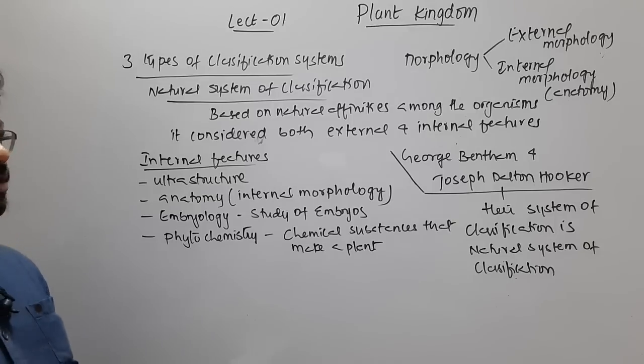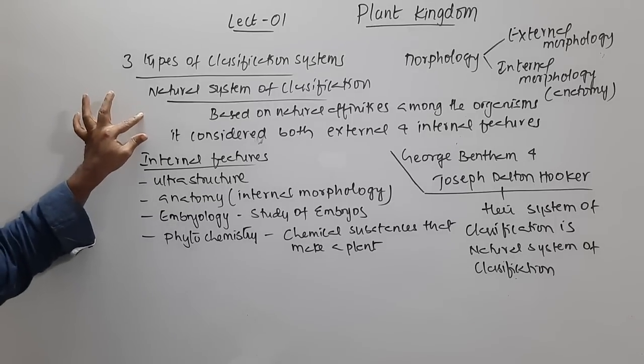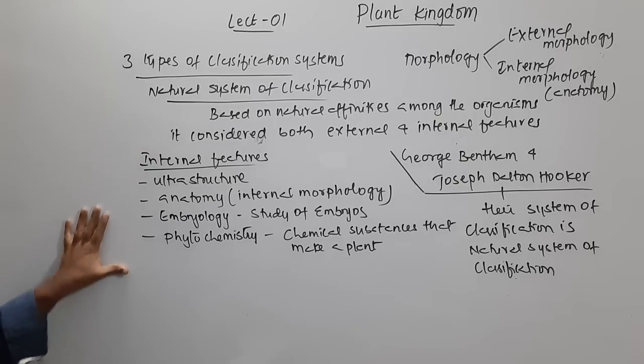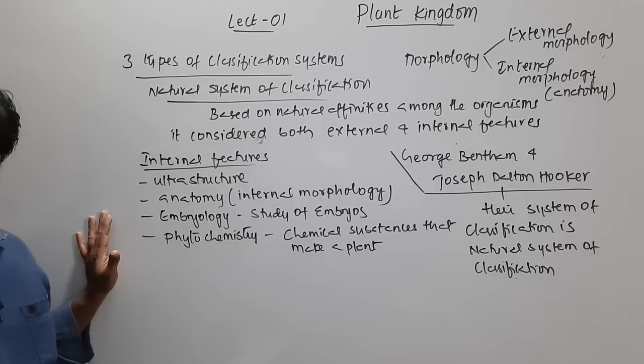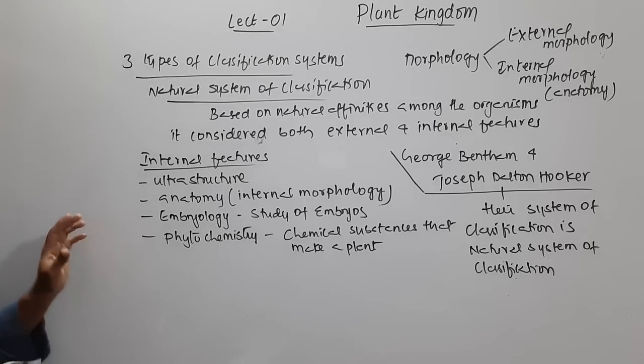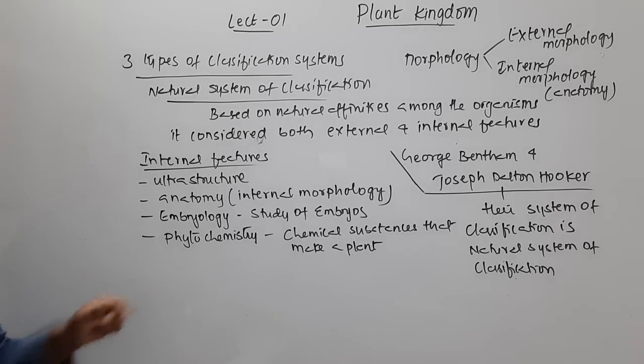The Bentham and Hooker system is a natural system of classification because they have included the internal structures also. So I hope now you have understood that the artificial system of classification included only the external, or gross superficial morphological characters, right? And coming to the natural system, we included even internal features.